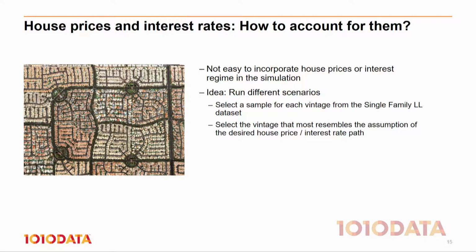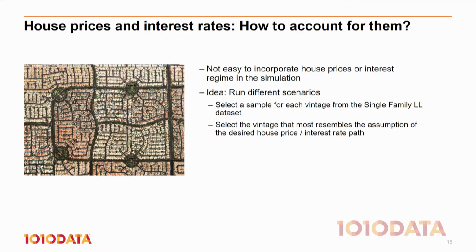And then another problem that we can have when you follow this approach, since we're looking at information from the single family that is historical, is that you basically cannot address, in an easy way, house prices in the future, right?